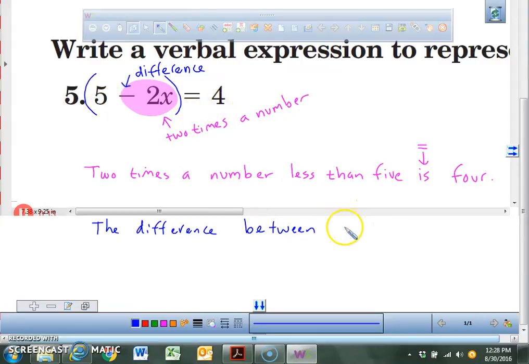So the difference between 5 and, instead of saying 2 times, I could also say twice a number is 4. So the difference between 5 and 2 times or twice a number is 4. Or you could say "is equal." So I want you guys to have multiple representations. There's multiple ways of saying the same thing. Okay?